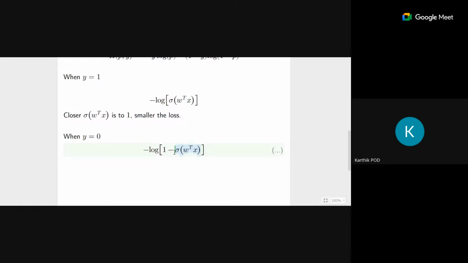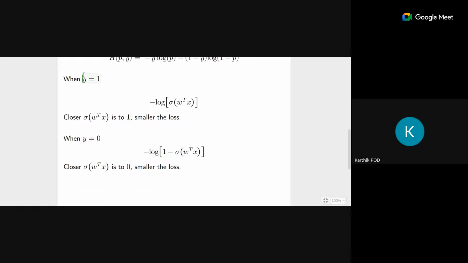So what do you want the prediction to be? Sigma of W transpose X is always the predicted probability of the data point belonging to class 1. So you want this to be close to 0.